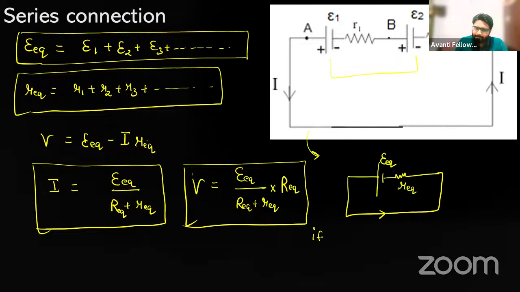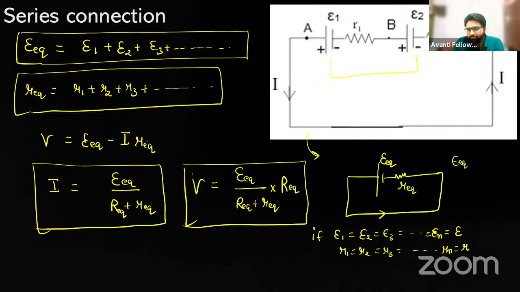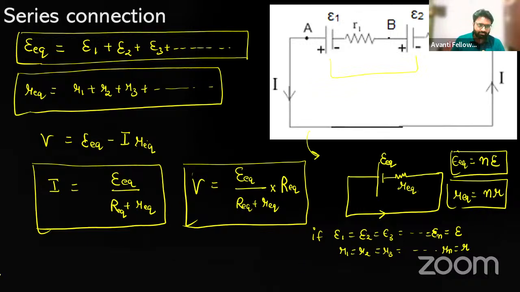If E1 is equals to E2, E3 is equals to En, number is n, which is equals to E only. सारे के सारे क्या है, E से रिप्रेजेंट कर सकते हो, एंड देयर आर नंबर ऑफ सेल इज n। सिमिलरली R1 इज इक्वल टू R2, R3, Rn इज इक्वल टू स्मॉल r। तब E equivalent कितना होगा बताओ? n टाइम्स ऑफ E। क्लियर है? और r equivalent कितना होगा? n टाइम्स ऑफ r। ठीक है, क्लियर है? क्लियर है कि नहीं भाई एवरीवन?